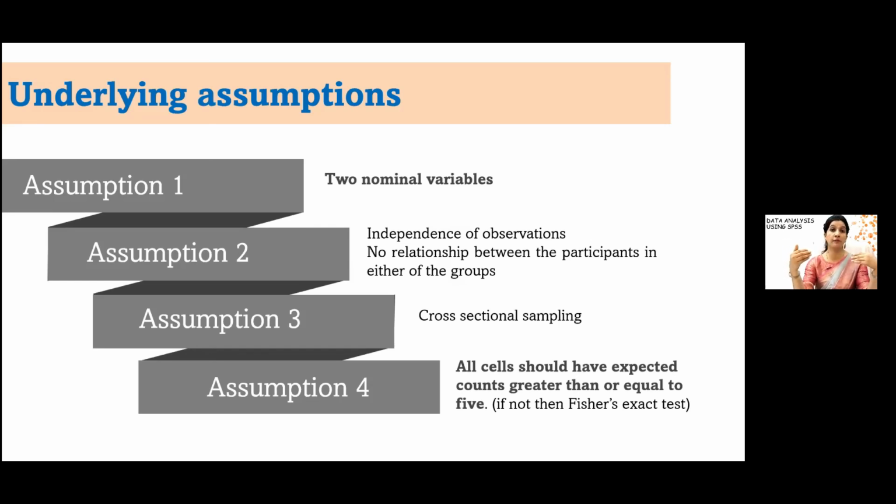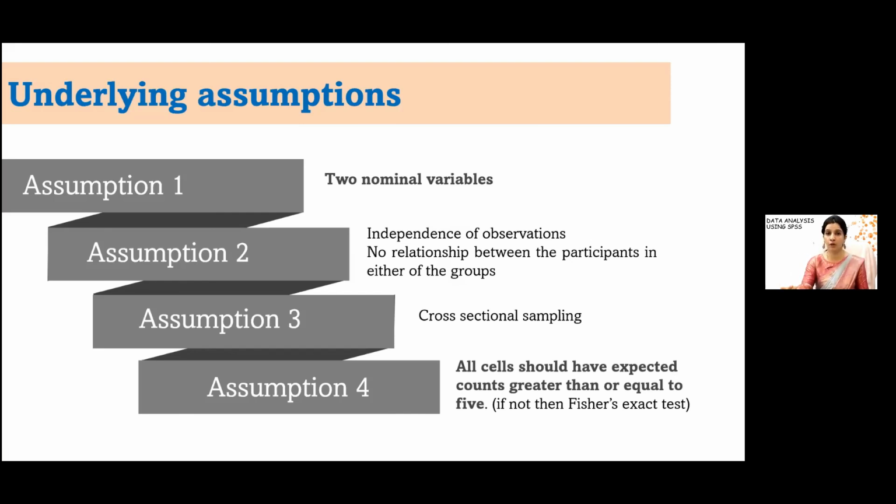And the fourth and a very important assumption concerns the cells, because in the chi-square test we form a contingency 2 by 2 table. It can be a 2 by 3 table or 3 by 3 table, depending on the number of categories or levels of that category. The minimum cell frequency in each cell should be at least 5 or more, or if you have got a 4 by 4 table or 3 by 3 table, then at least 80% of the cells should have a minimum cell frequency of more than 5.